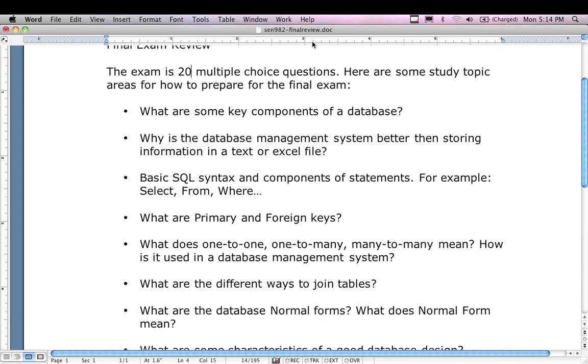Okay, so let me get back to the contents of the exam. What are we looking at? Components of databases. What are components? Tables, views, assertions, the concept of the constraint, primary keys, foreign keys, different components, characteristics of the database management system.